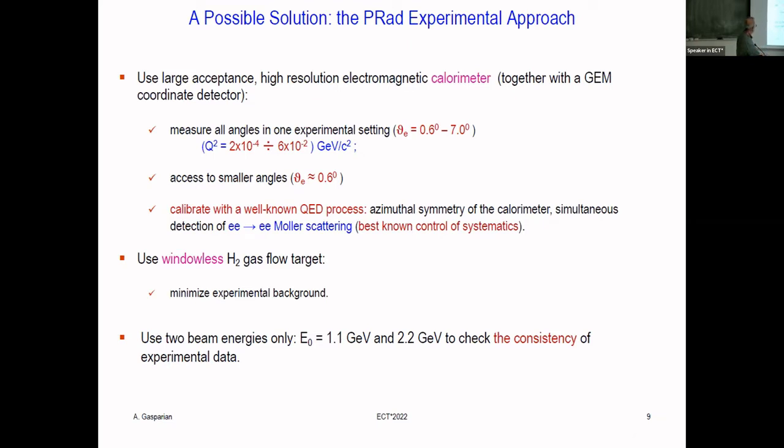We can argue later. Now, the third thing which comes from this new method is that we are able to normalize the entire thing to a well-known QED process, Mueller scattering, which we measure in parallel, not in a separate way, and we can have that with absolute precision.